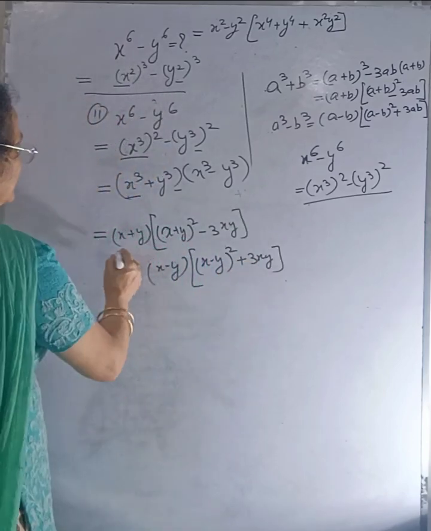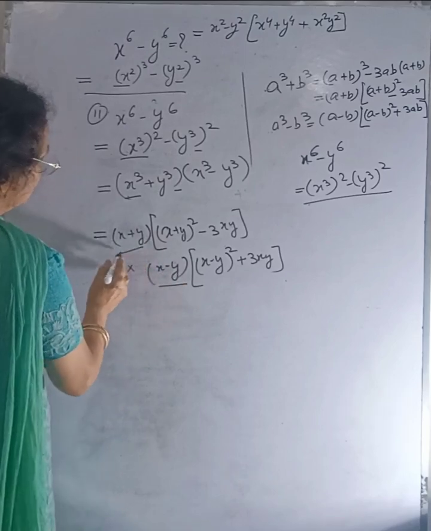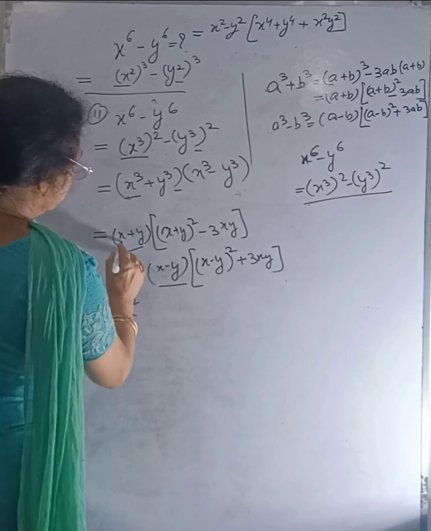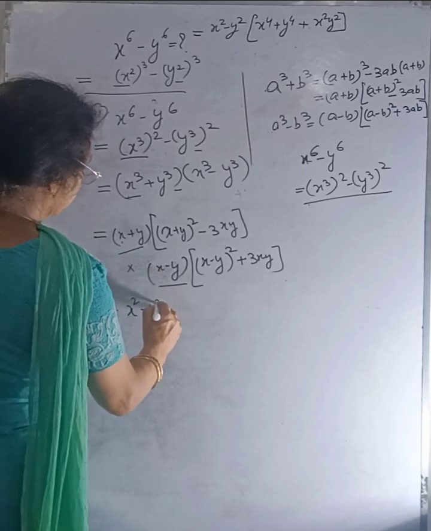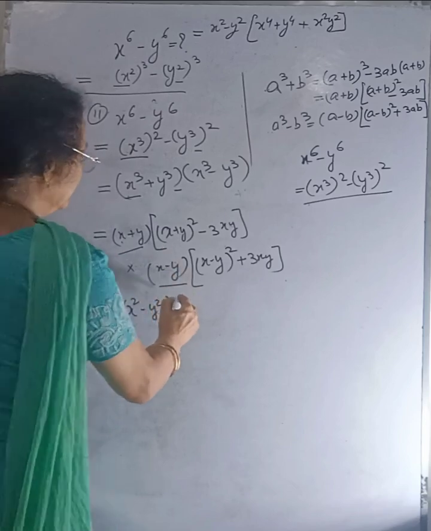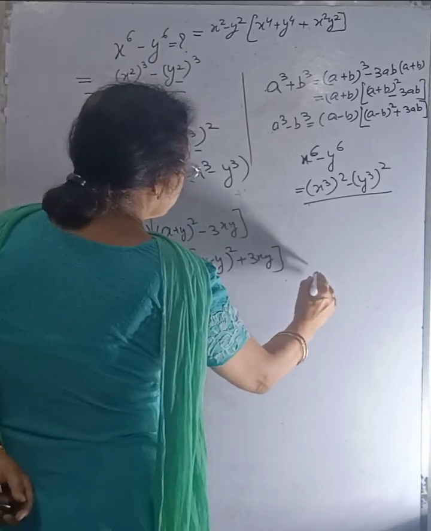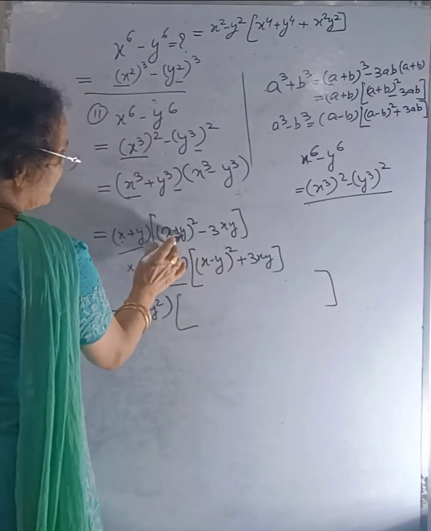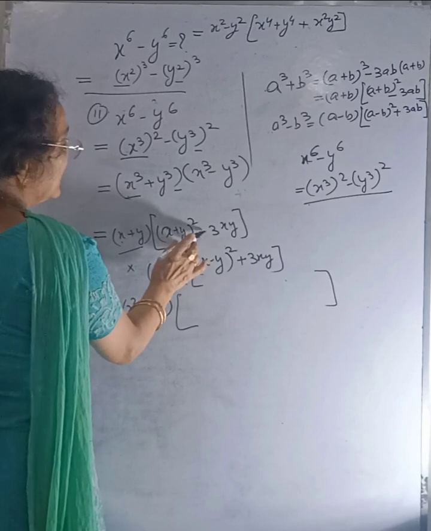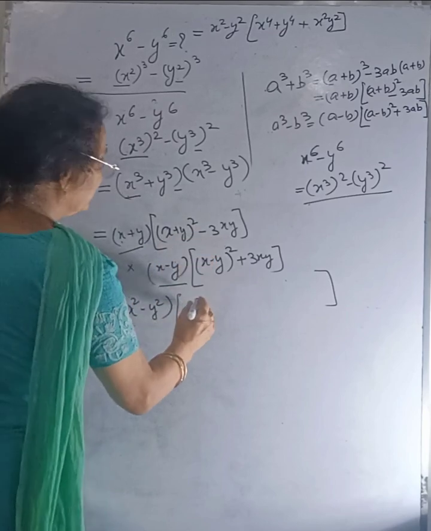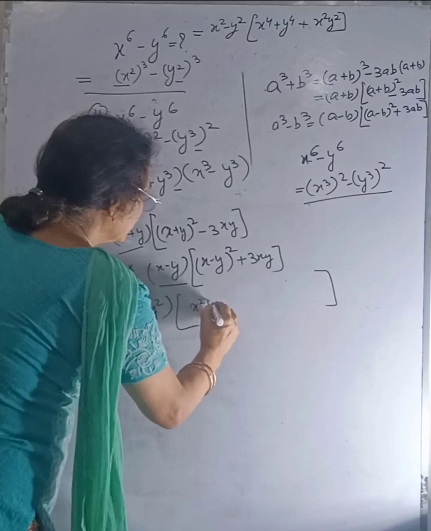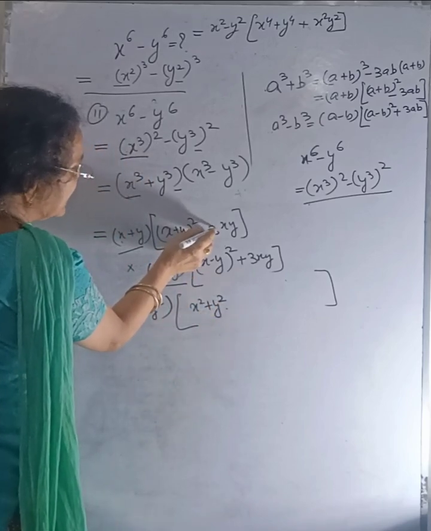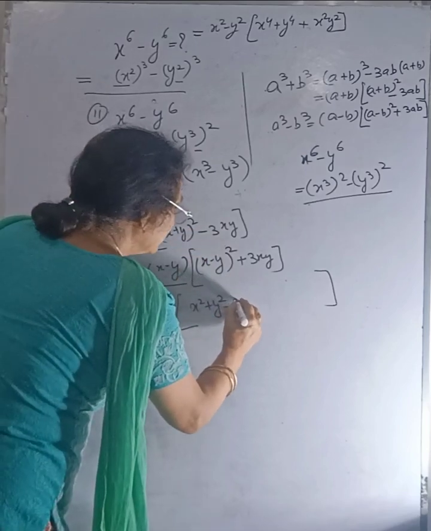Correct? Now the multiplication of these two terms will be x square minus y square. Inside this bracket, this will be equal to x square plus y square plus 2xy, and that is minus 3xy. It means the 2xy will get cancelled with minus 3xy, and we'll get only xy.